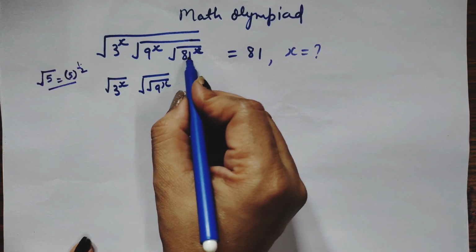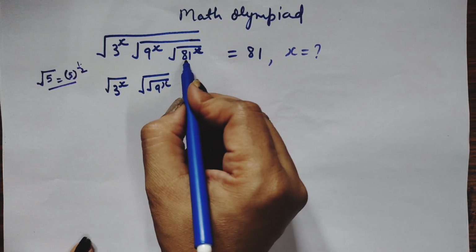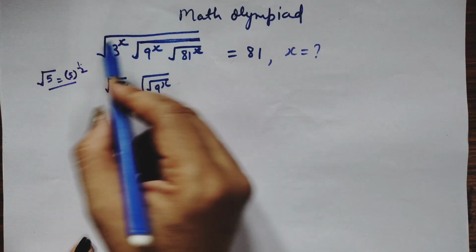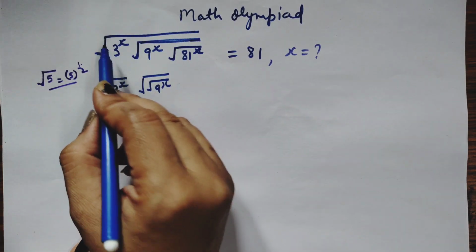and similarly for 81 power x, we have one root and another root also, and one root outside.